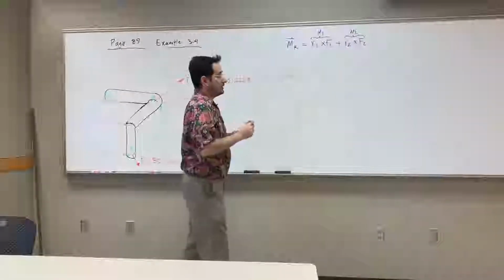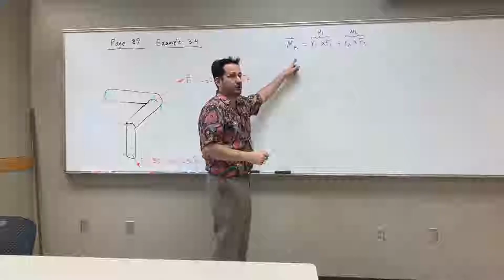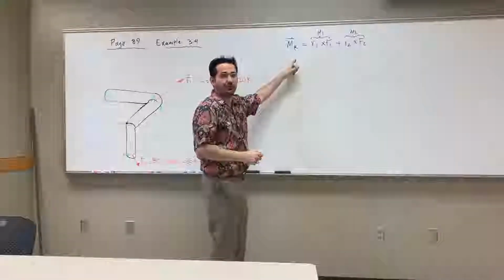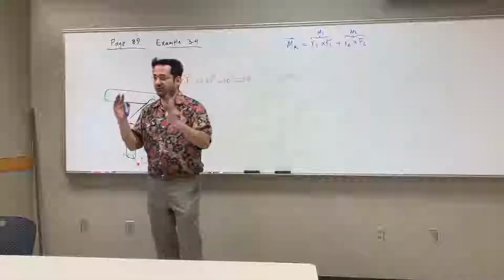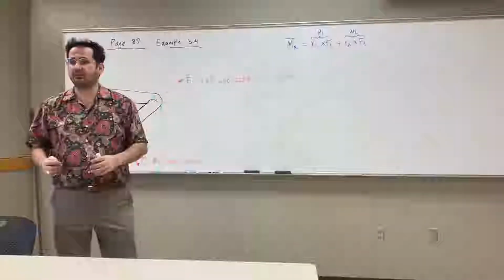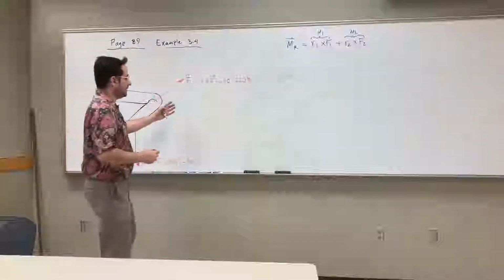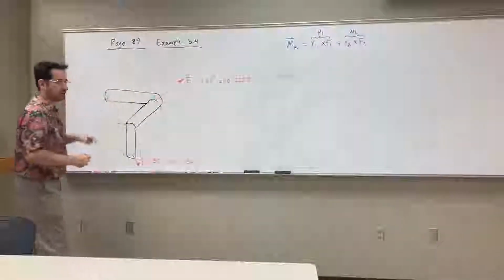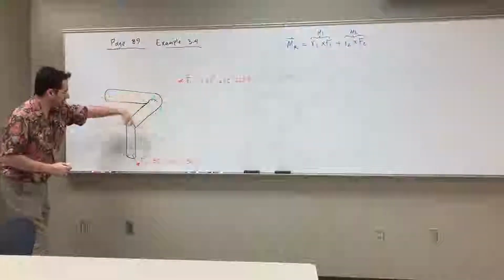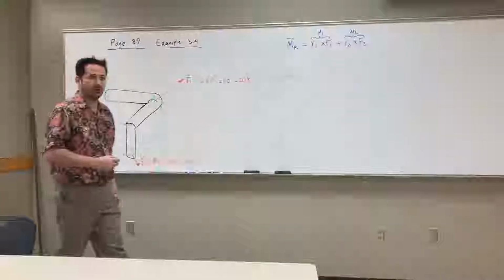This is the first method we consider. It's a direct approach. You get the value of the position vector of the force, plug it into the determinant, and the end result is the resultant moment of these two forces at point O.